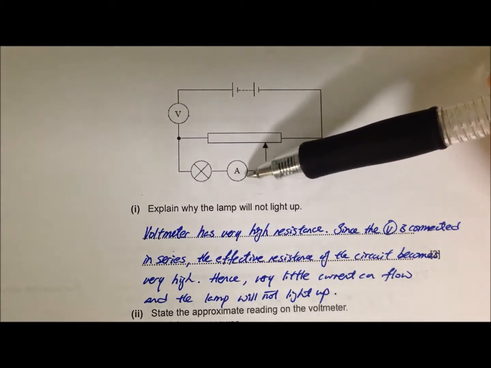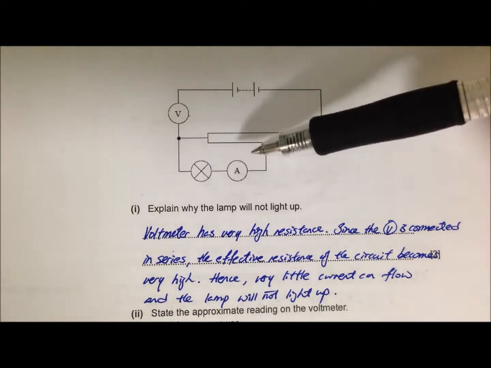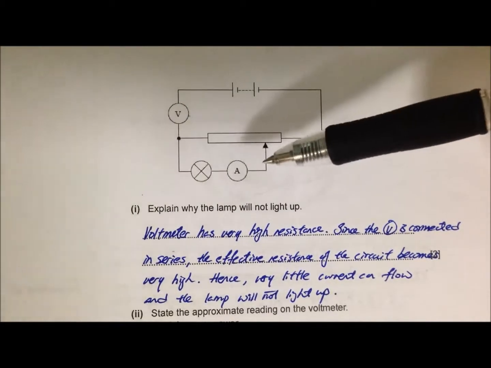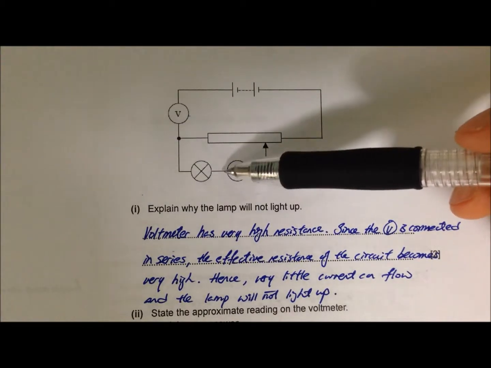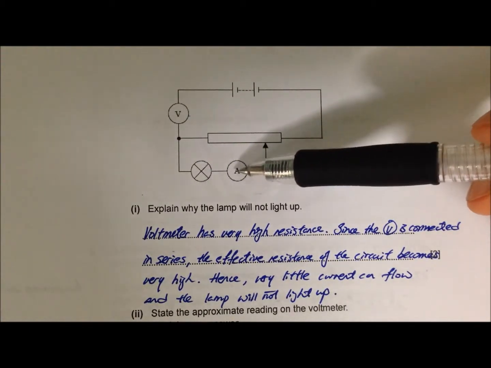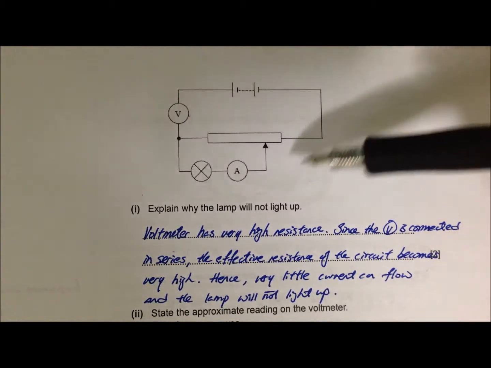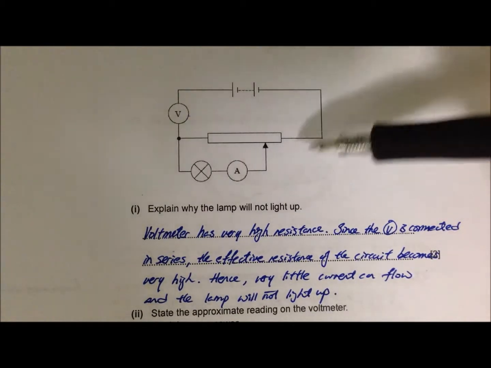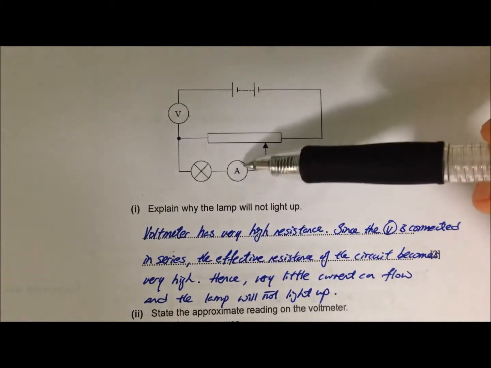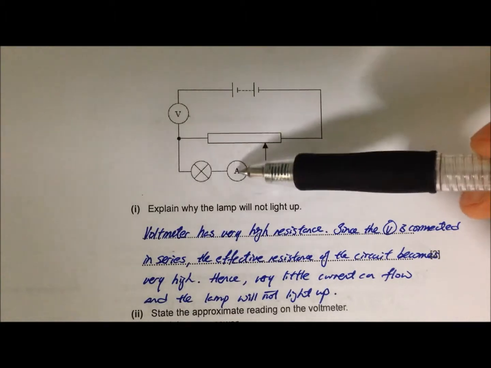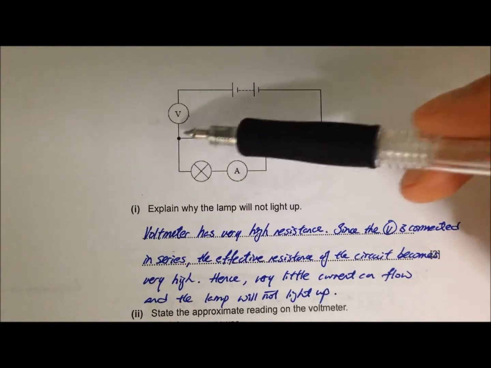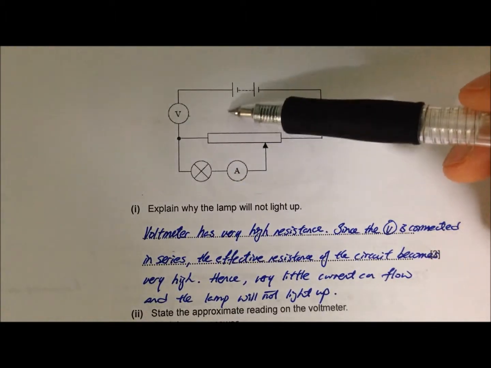Just for your information, an ammeter has very low resistance. The reason is you do not want an ammeter that affects the circuit that you are trying to analyze or measure. That's why you want the ammeter to have very small resistance, so that it won't affect the current flowing through. A voltmeter on the other hand is usually connected in parallel, right?